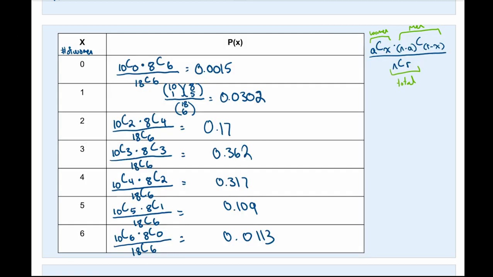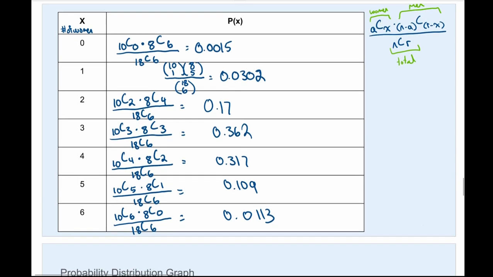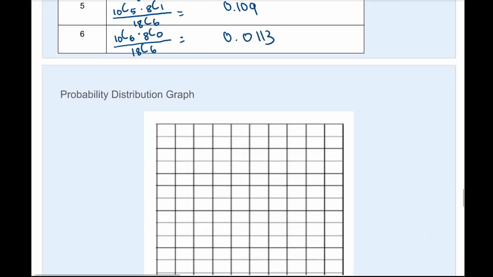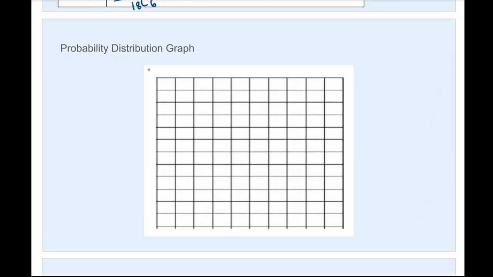So going back again to our table, hopefully we've gone through and we've filled out our probabilities. So that is our probability distribution table. For the graph, again, same as before. The y value is our P(x), our x value, or our x-axis is our individual outcomes.